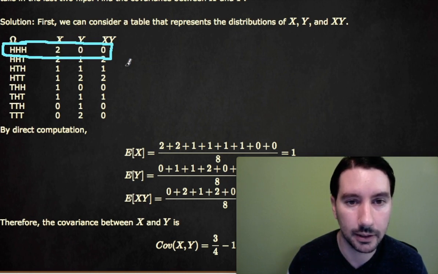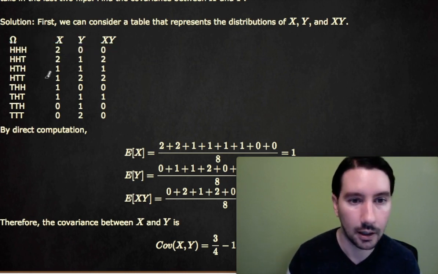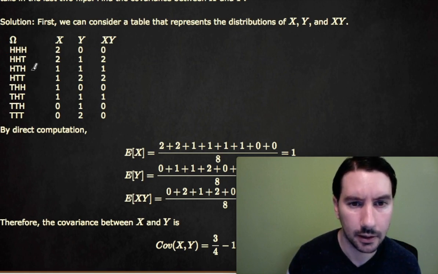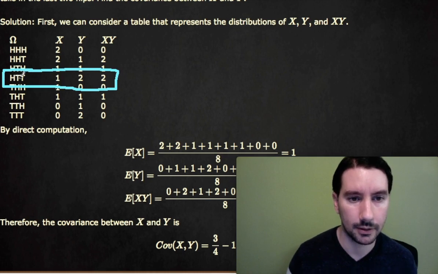And so X times Y is 0. Let's take an example like heads, tails, tails. X is the number of heads in the first 2 flips, and there's 1 heads in the first 2 flips, so X is 1. Y is the number of tails in the last 2 flips. The last 2 flips have 2 tails, and so Y is 2, and 1 times 2 is 2, so X times Y is 2.